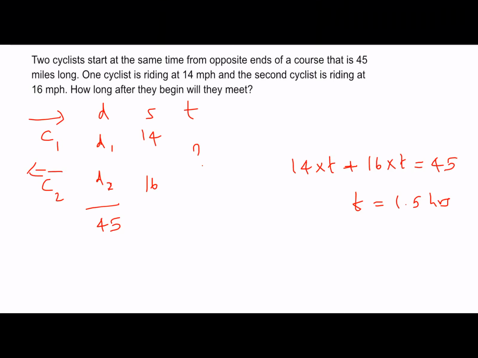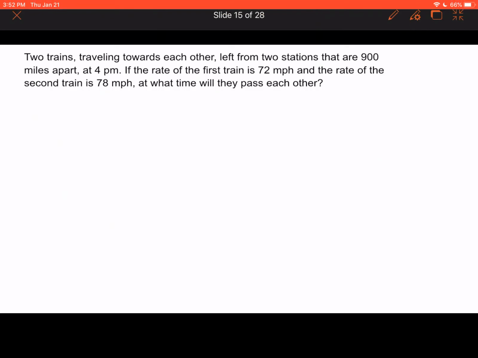Okay, next problem is two trains traveling towards each other. These words are very, very important, noting that they are traveling towards each other. We have to find whether they start from opposite stations or from the same station, or sometimes they'll give the directions. All those words are key points.